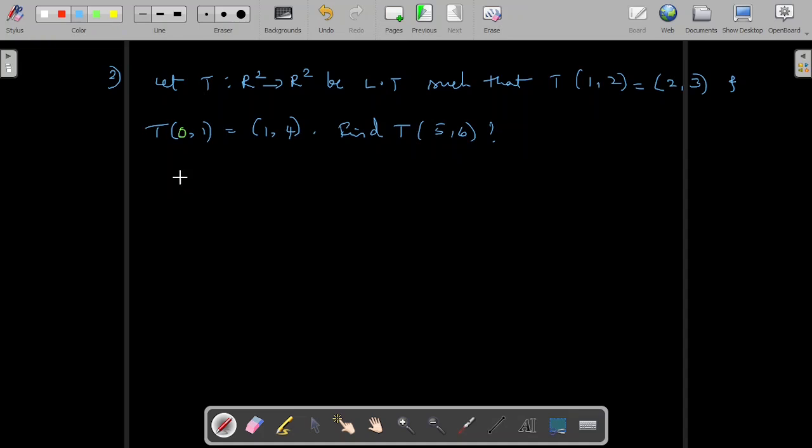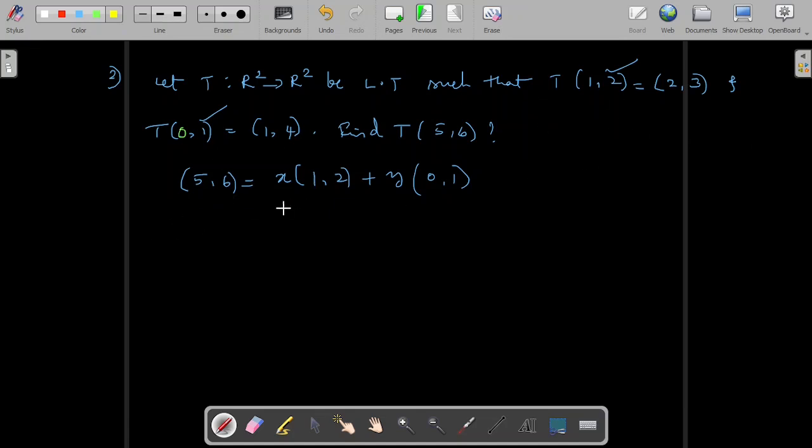So same as before, you can either get the general formula or just where (5, 6) goes to. (5, 6) can be written as a linear combination of (1, 2) and (0, 1), because (1, 2) and (0, 1) form a basis, and whenever basis vectors are taken to some other vectors, then that mapping is always linear, and such a linear mapping is unique.